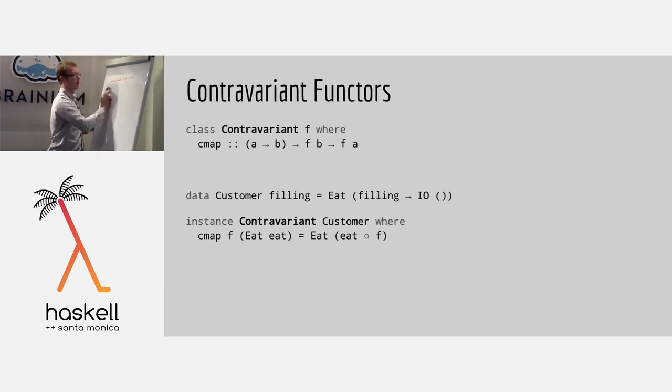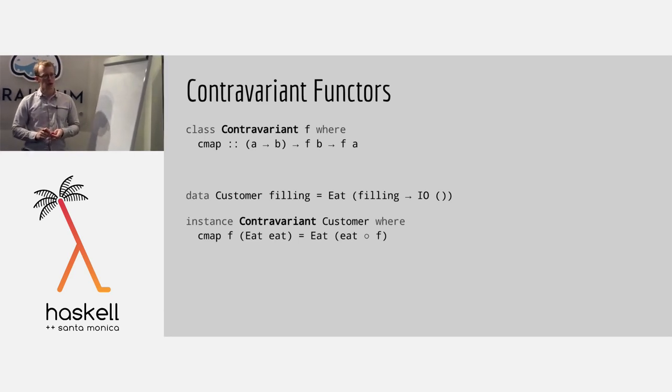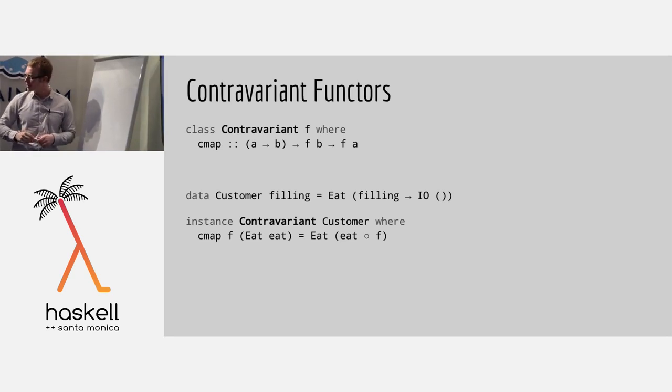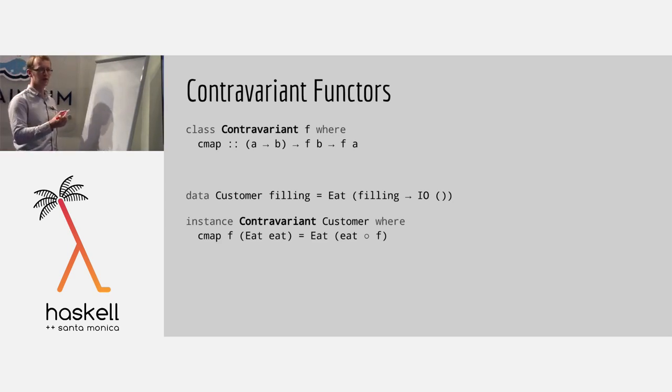There are contravariant functor laws, which is just the functor laws the other way around. This is my archetypal example of a contravariant functor. I'm trying to think of a better one, but the function arrow is a typical one.